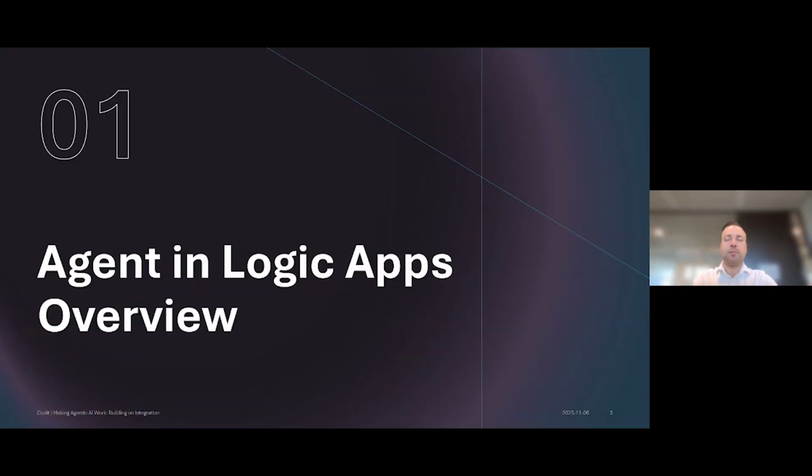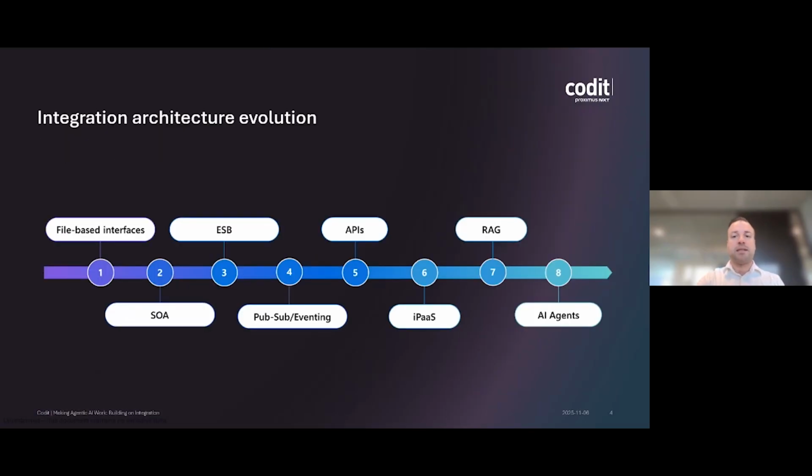So the purpose of this webinar is to take a look at the agent loop framework in Logic Apps. So I'm going to skip over everything that's related to Logic Apps and immediately dive into what agents are in Logic Apps and how you can work with them. But first, let's take a look at the integration architecture.